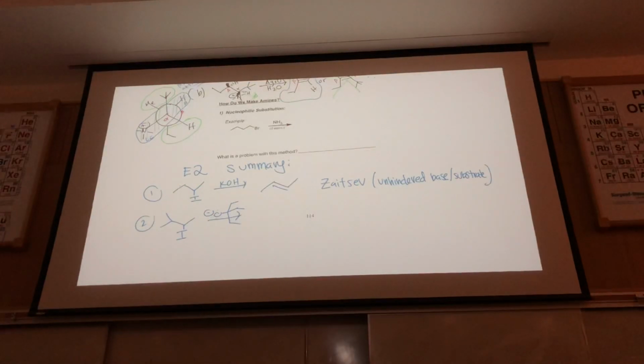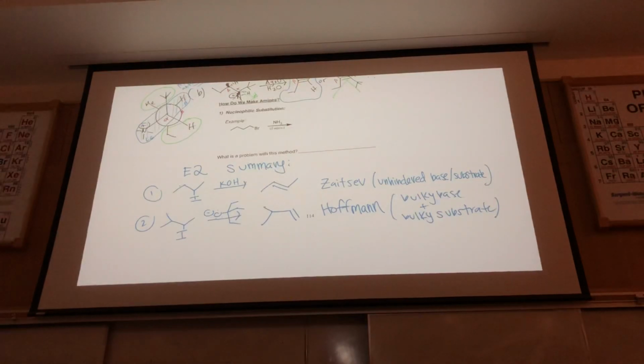So then we get our Hoffman alkene. So for Hoffman, that means we had a bulky base plus a bulky substrate. Regular old leaving group though. So this was our 211 example.